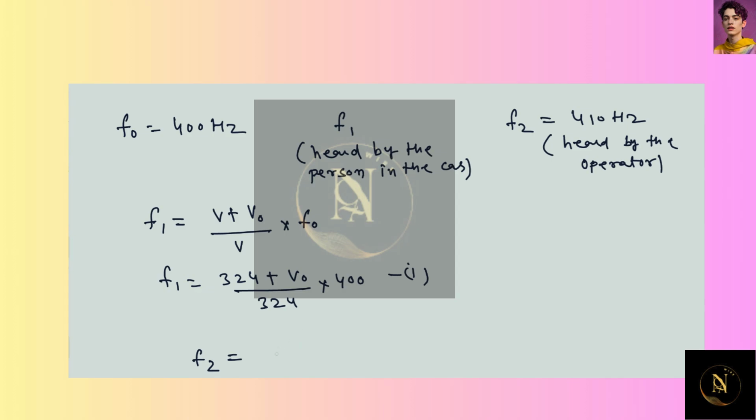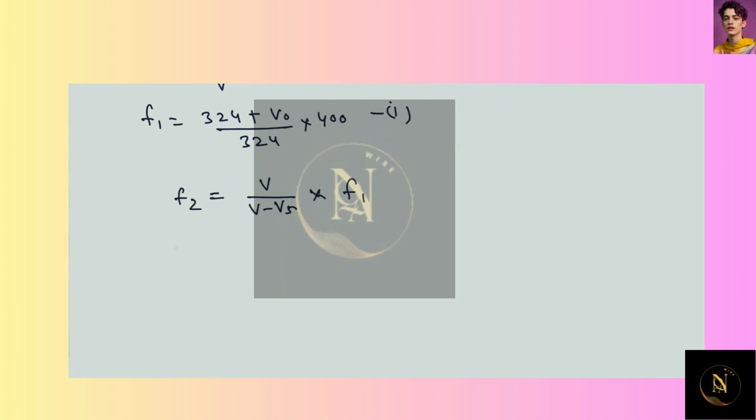Now the observer becomes the source and the source becomes the observer, so it is v divided by v minus vs, because now the observer speed is 0 and the source speed vs equals v naught, the speed of the car, multiplied by the frequency reflected, that is f1 from equation 1. So f2 is 410, equals 324 divided by 324 minus vs, multiplied by f1. This will be our equation 2.